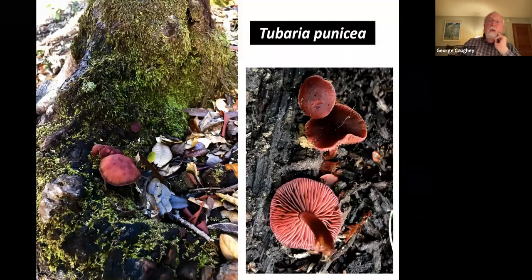And then here's another one that I'm bringing up this year because I saw it more this year than I ever have. Tubaria punicea, which apparently is 100% specific for dying or even well-rotted madrones. So it's found only really in areas where madrones are found, and of course we have them.